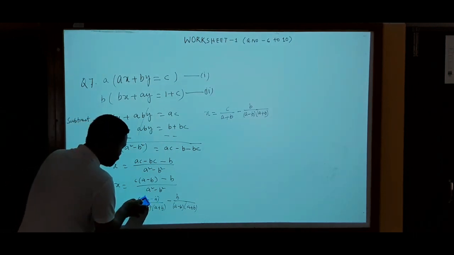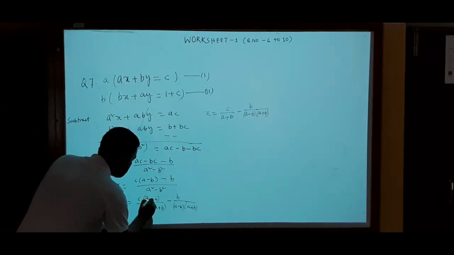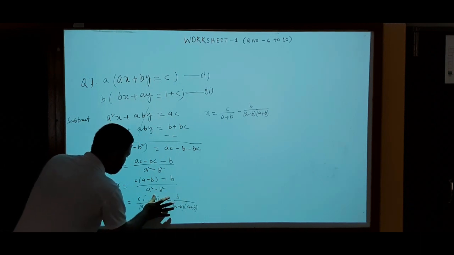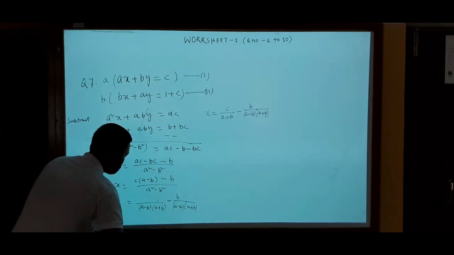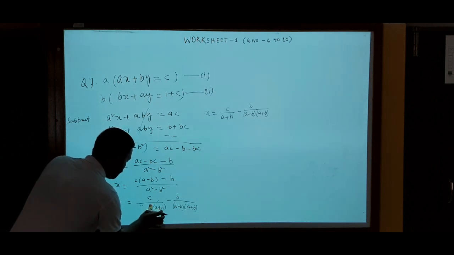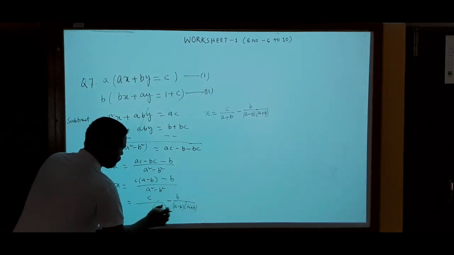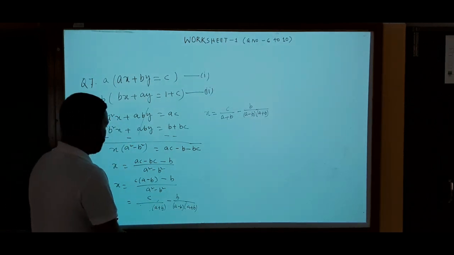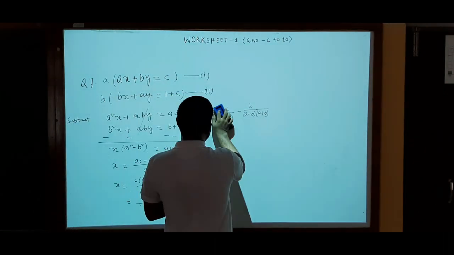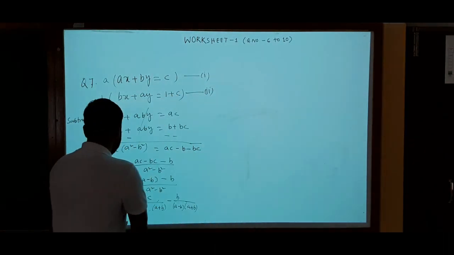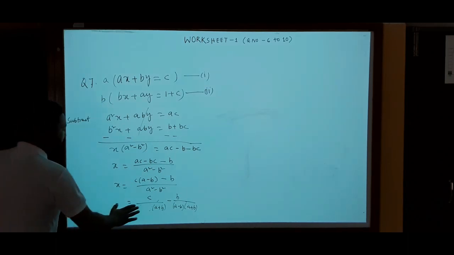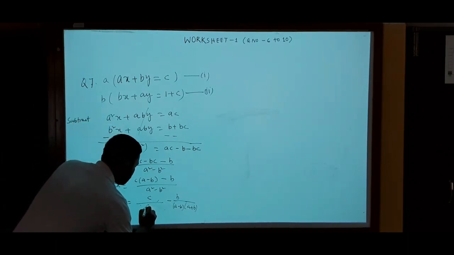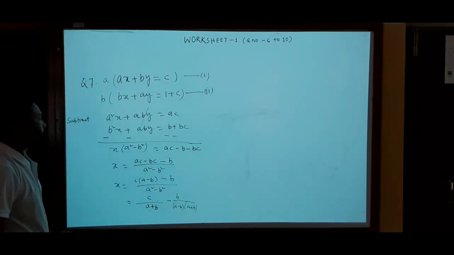I will write this. C upon a plus b minus b upon a minus b into a plus b. Okay, I will grab this one and I wrote the value of x here. C upon a plus b.